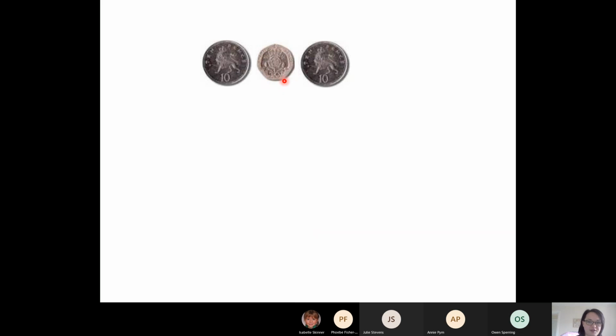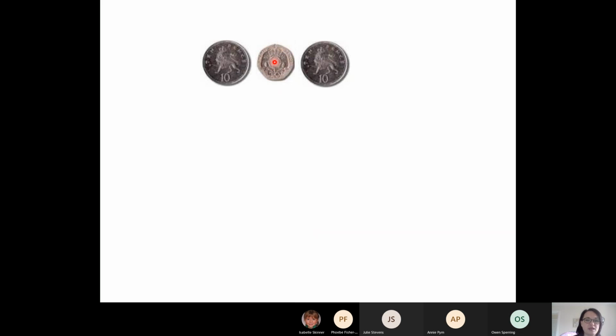How many tens can I get from 20 pence? I can use a similar trick to how I worked it out for my 50p, my 5 tens. If I count in tens, but stop when I get to 20, I'll try and get it right this time. 10, 20. I've done it on my fingers and I can see I've got 2 fingers up because there are 2 tens in 20.